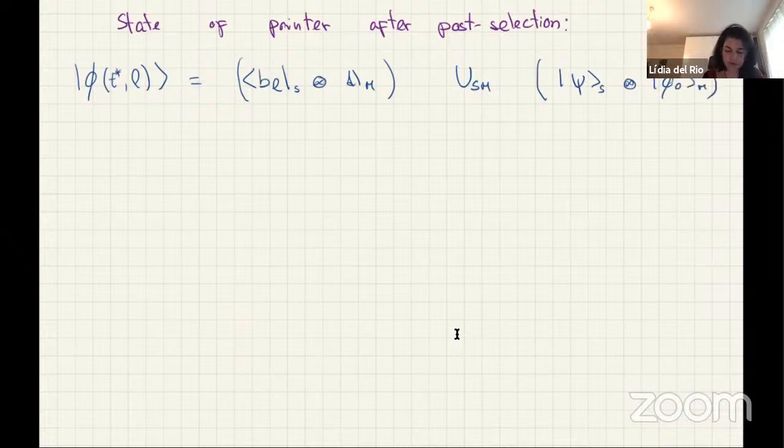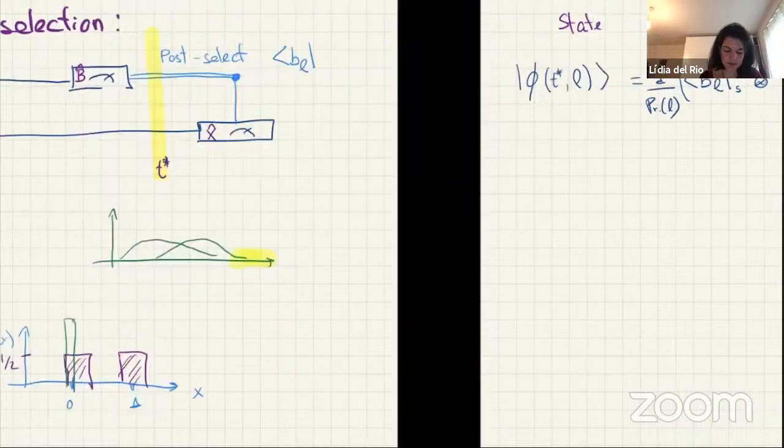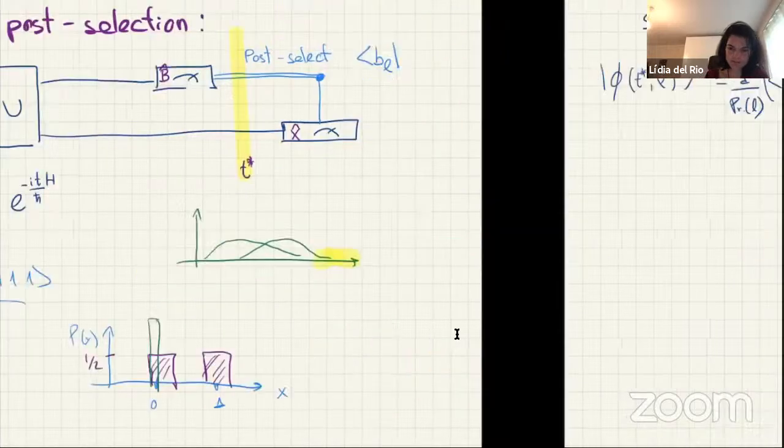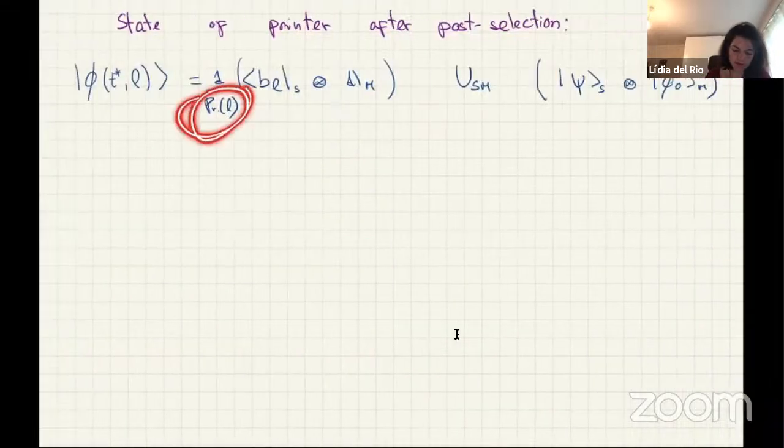And of course, we need to normalize the state. So let's just call this the probability of getting L in this measurement, right? Okay, because we need to renormalize the state at the end. So we're selecting only some part of the outcomes. And then to get a proper state, we need to multiply by the probability that here we got the outcome we wanted. Okay, and we don't need to worry about what this is for now.